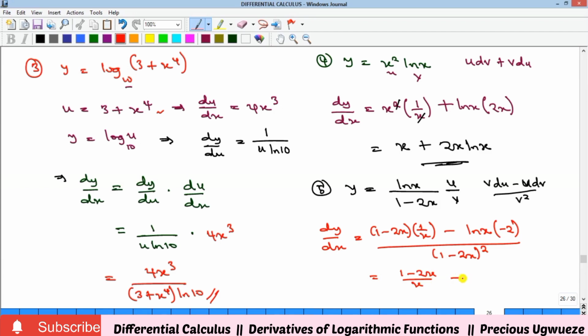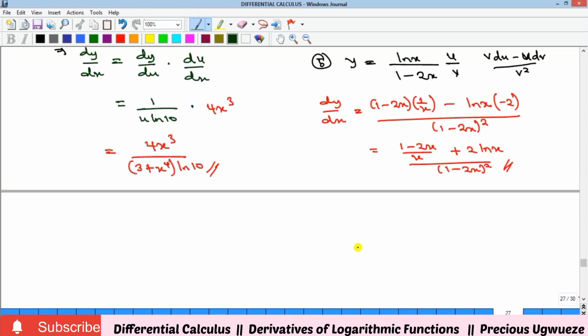Then this multiplying this will give you plus 2 ln x, and that is over, and of course, the most you can do here is to find a way to bring down this x below, which we can actually do, and that is going to give us 1 minus 2x plus, so here now x is going to multiply this, and that will give us 2x ln x all over x, then everything over 1 minus 2x all squared.